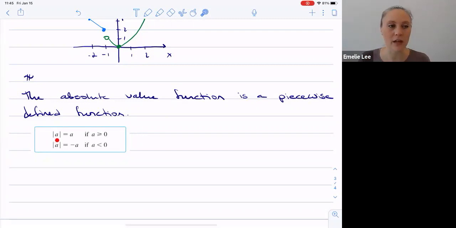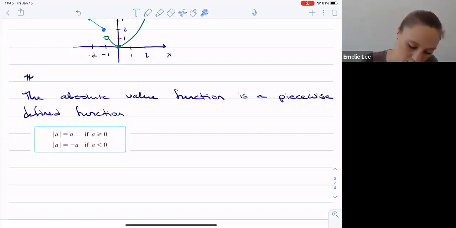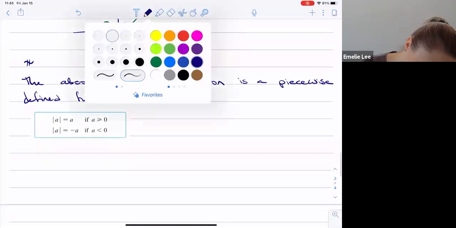So the absolute value of A is just A if A is positive. So if A is greater than or equal to 0, then it's just going to return A, right?